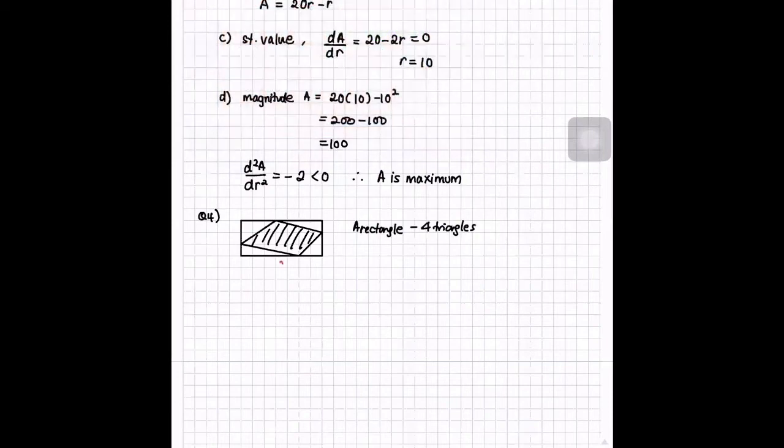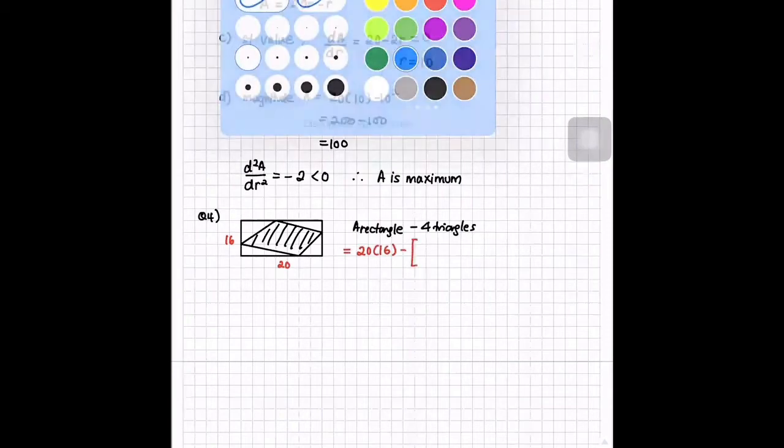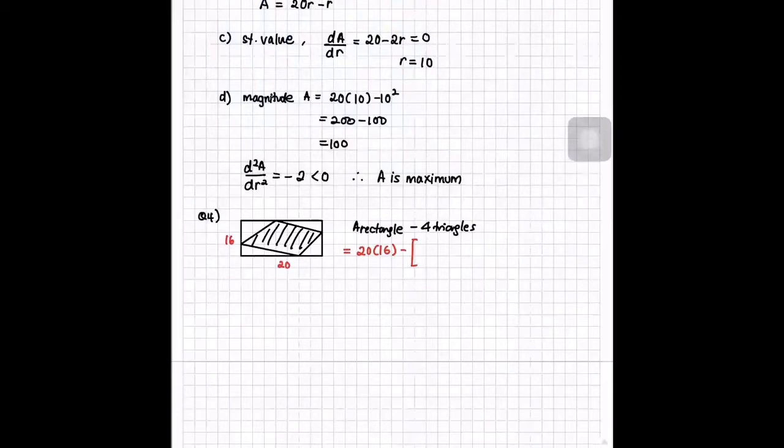They are telling that this is 20 and this is 16. So from there, keep doing. One by one, you open up and you write the triangle slowly. If you don't understand, stop me.